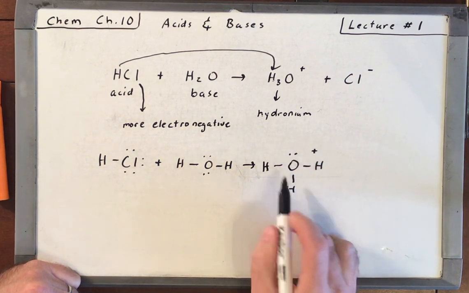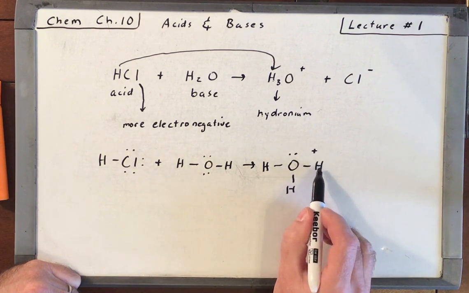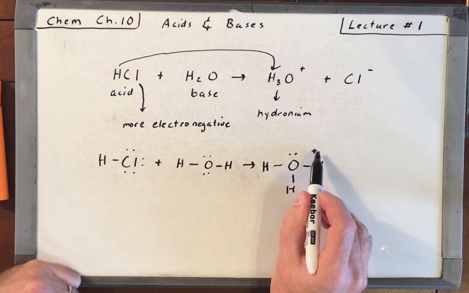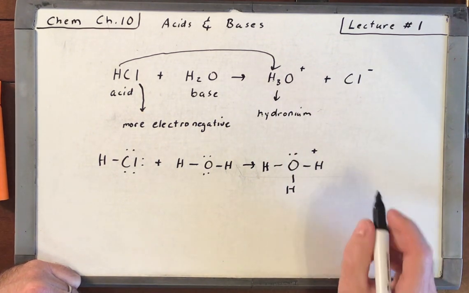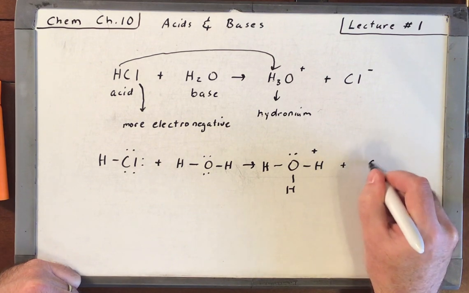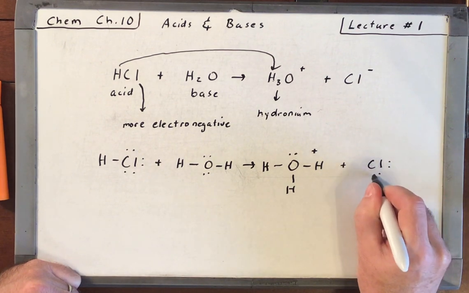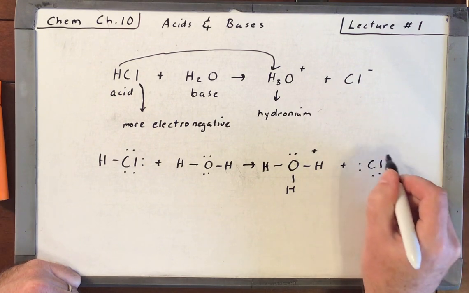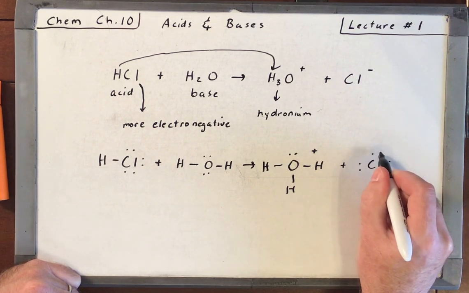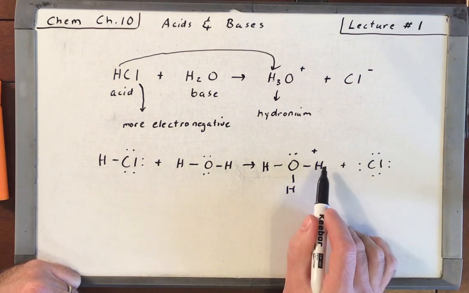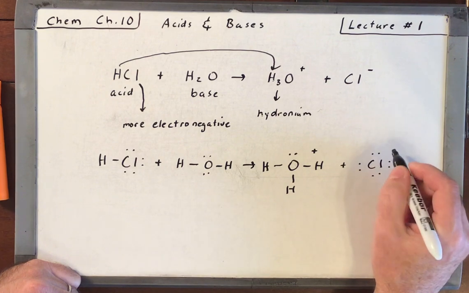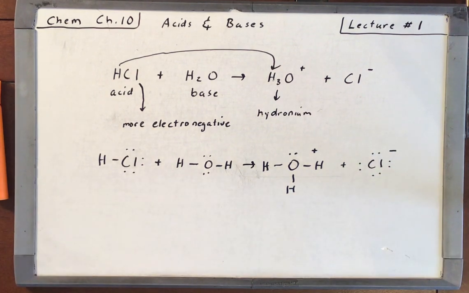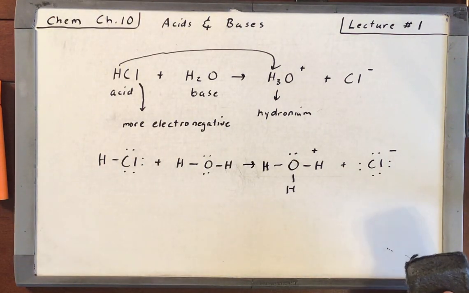Because that H2O gained a hydrogen ion, a plus charge, now H3O has a positive charge. And of course, chlorine ends up with an extra electron because it gave up that hydrogen. Now it has all 8, so it has a negative charge. That's how that works from a Lewis structure standpoint.